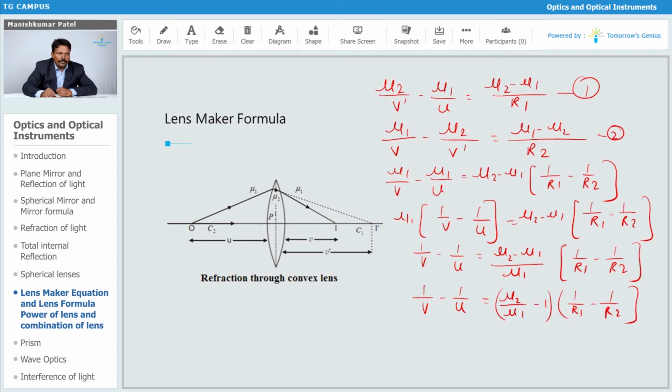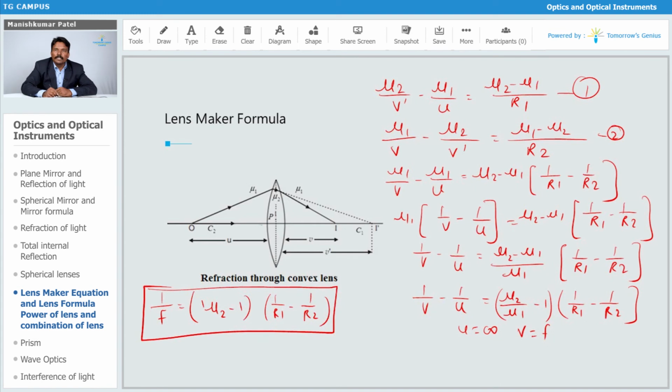Already we know that if U is equal to infinity, then V is equal to the focal length. So 1 by F equals mu2 upon mu1 minus 1, times 1 upon R1 minus 1 upon R2. This is what we call the lens maker equation.